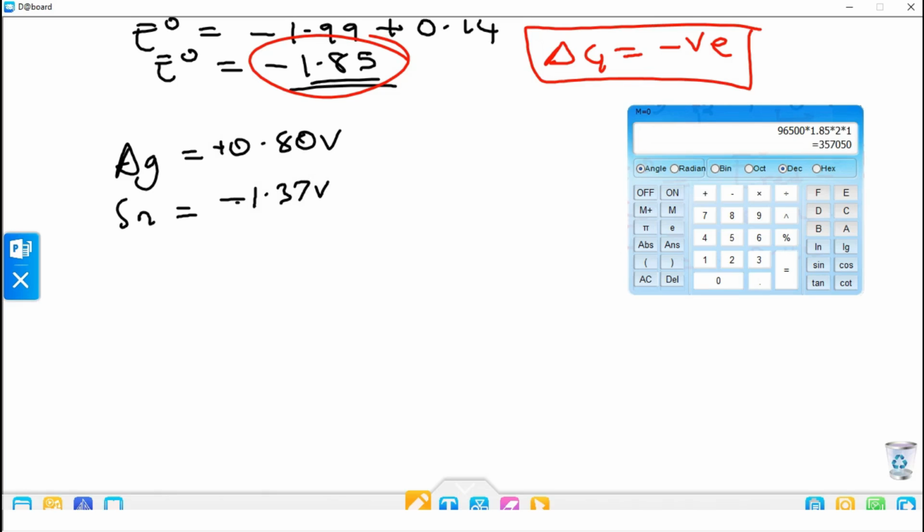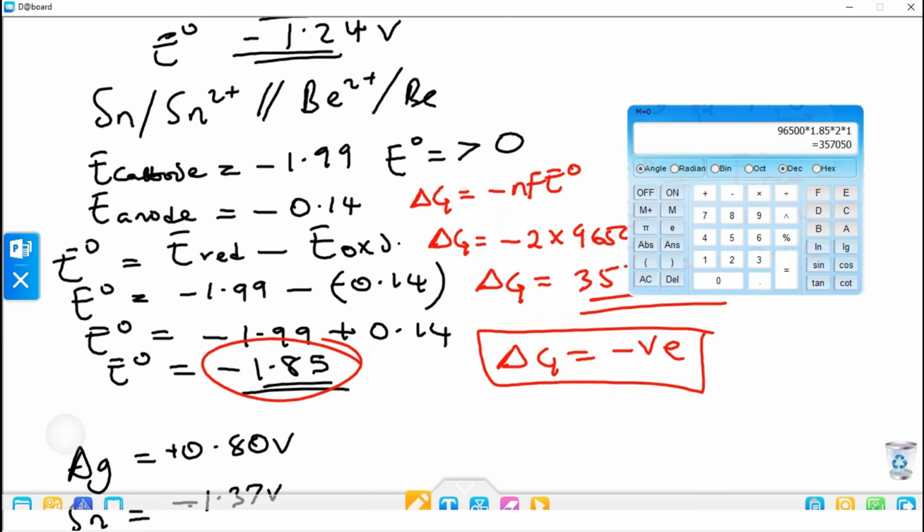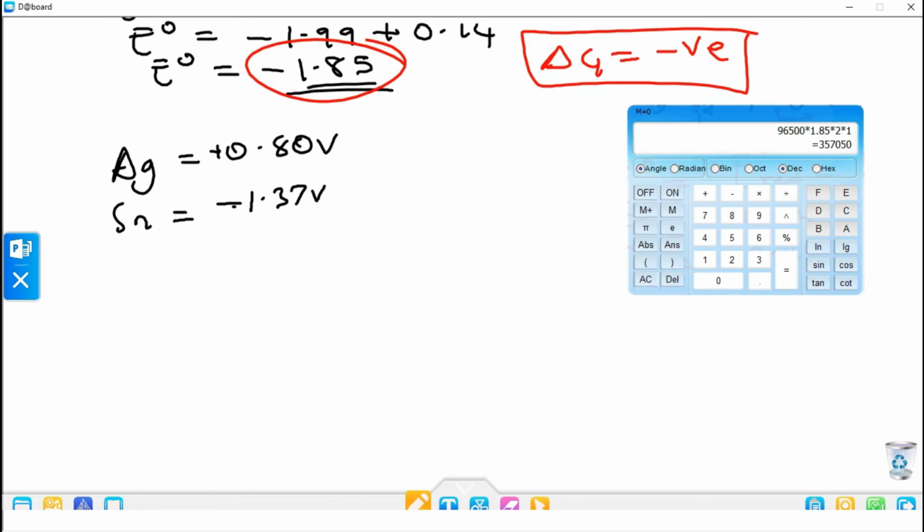That is tin. So it is clear. Tin is minus 1.37 volts, while silver is plus 0.80.